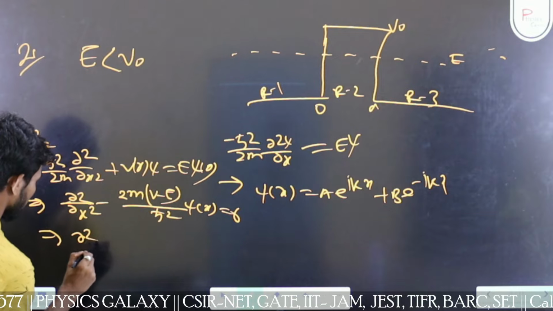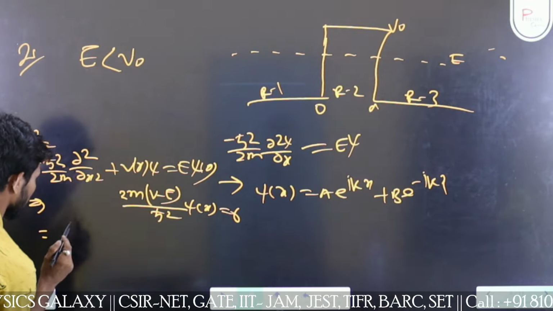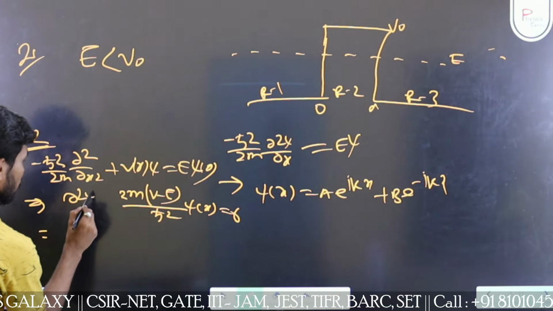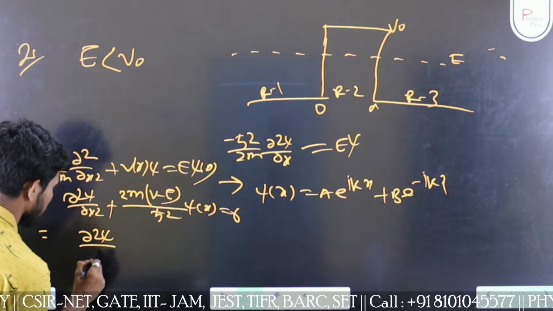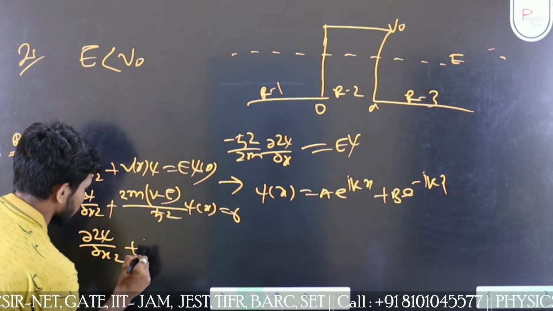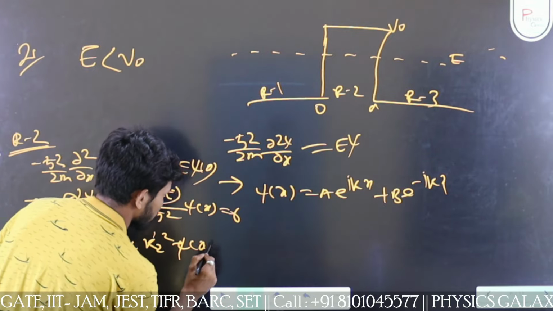So del 2 psi del x2 plus k2 dash square psi of x is equal to 0.